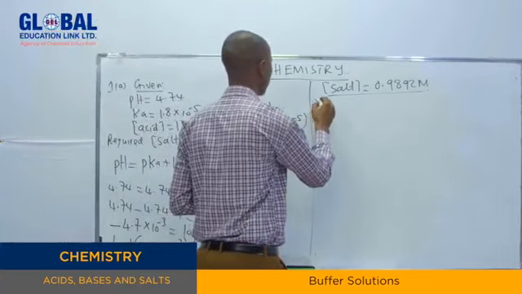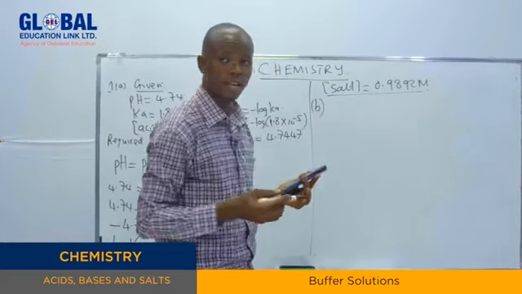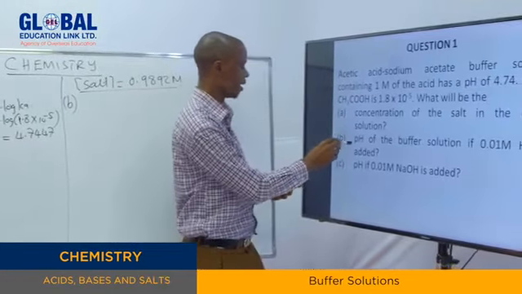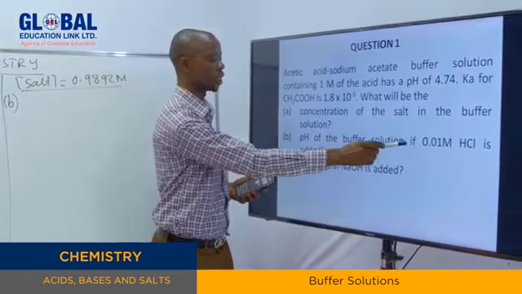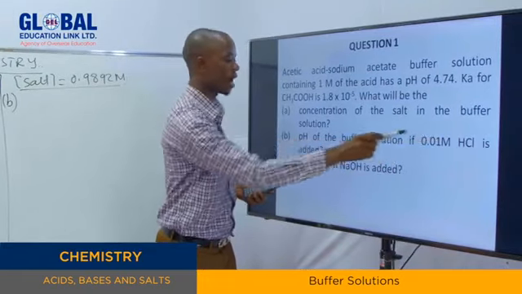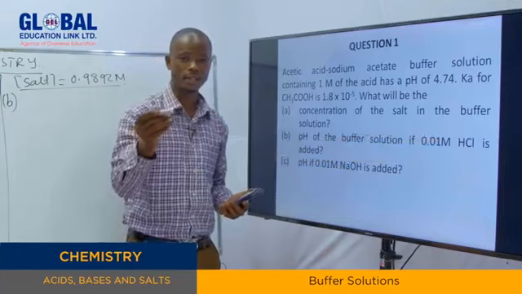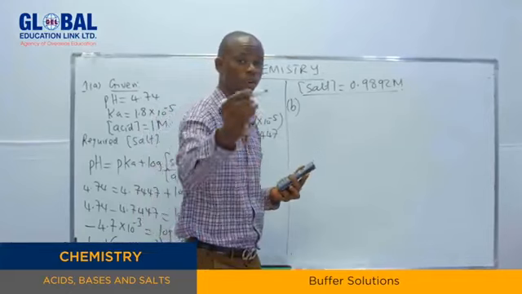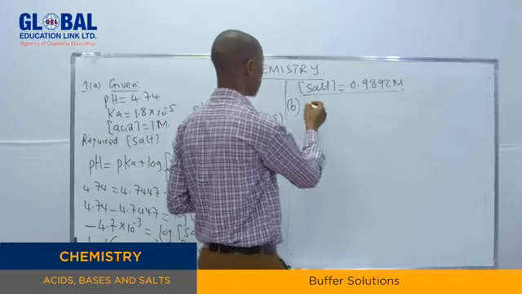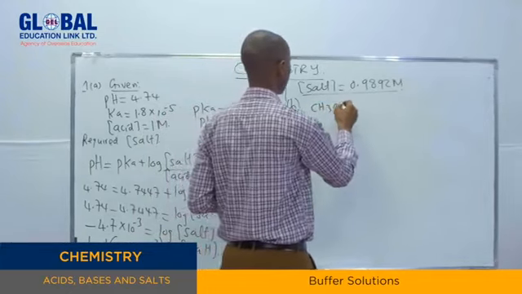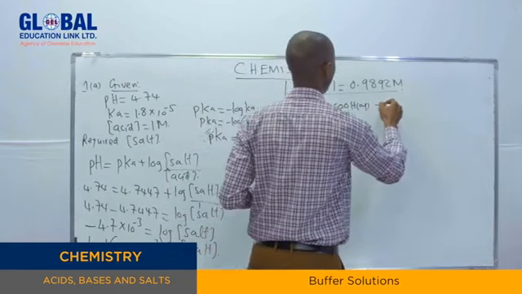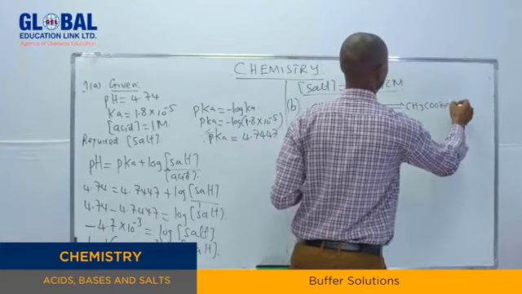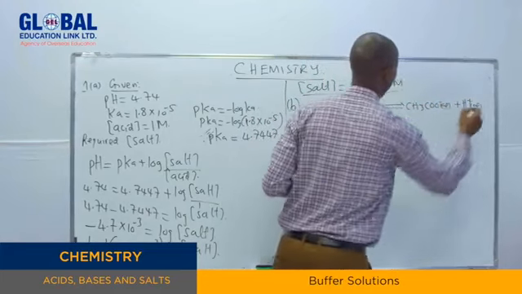Now coming to B. Now question number 1B says the pH of the buffer solution if 0.01 molar hydrochloric acid is added. That is also very simple that we can discuss here together. But to discuss that one, we need to go back to the buffer system that we have, the acetic acid, which ionizes partially to give the acetate ion and hydrogen ion.